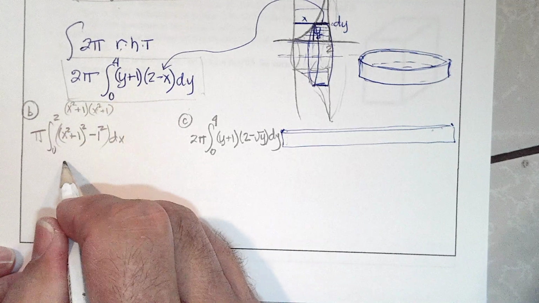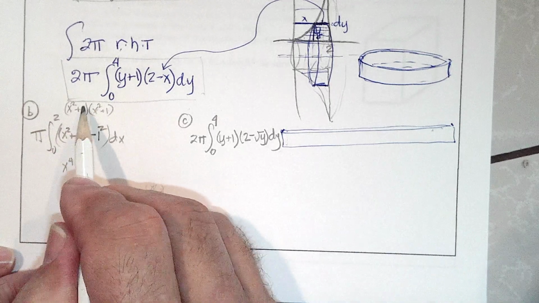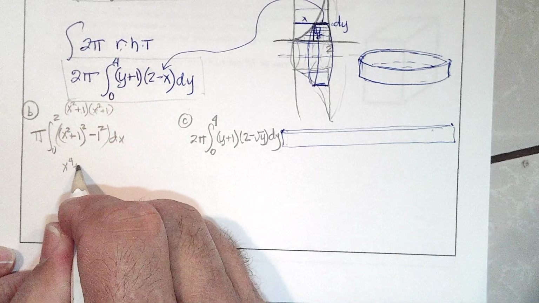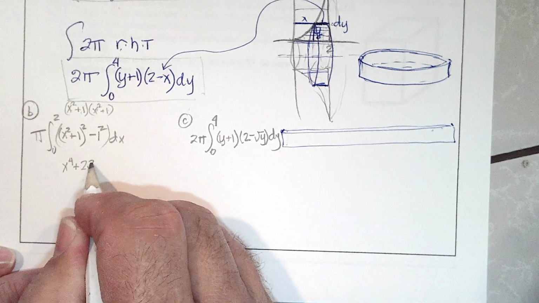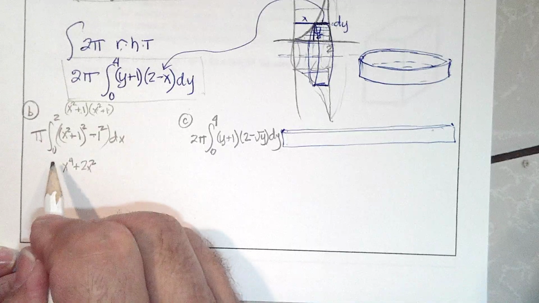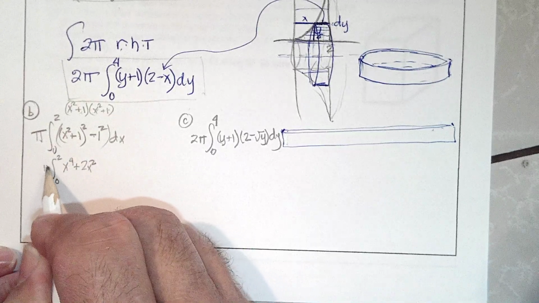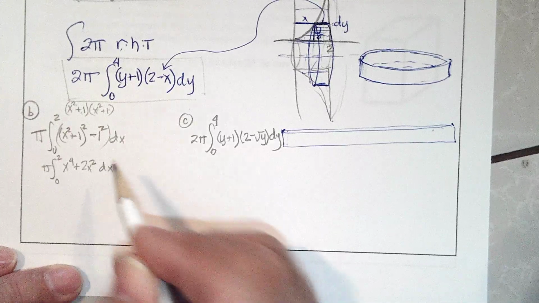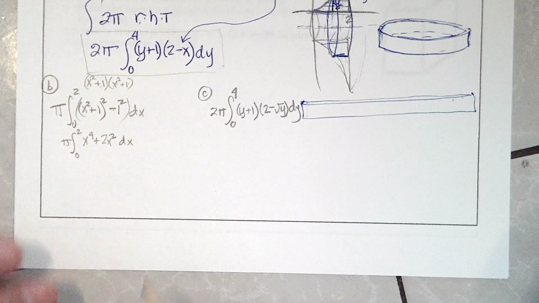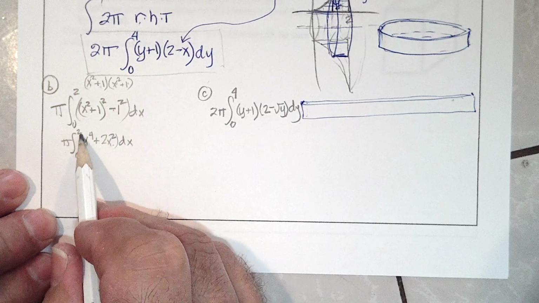That's x to the 4th plus x squared plus x squared, 2x squared, plus 1 and minus 1 are going to cancel. And now I have something I can integrate.